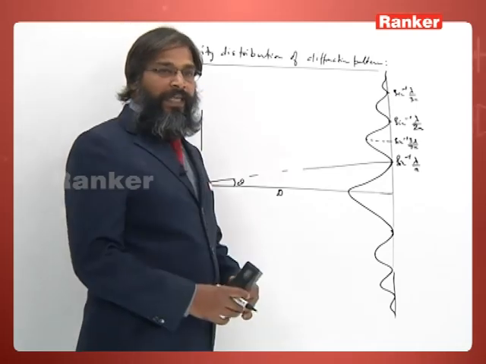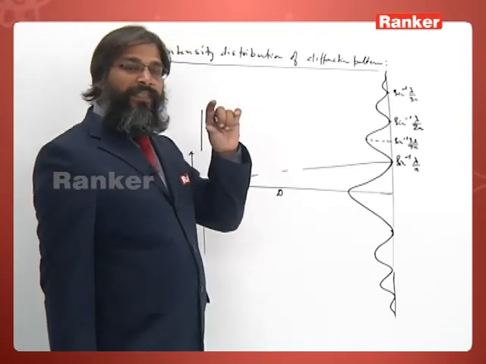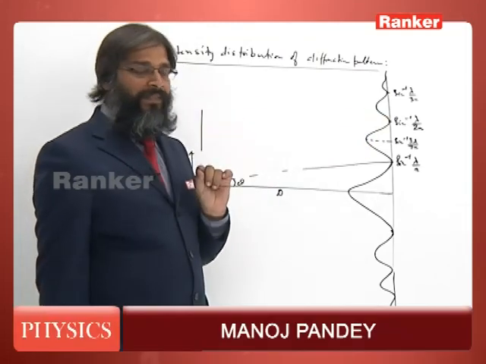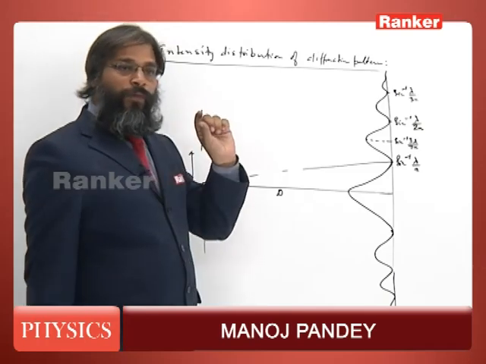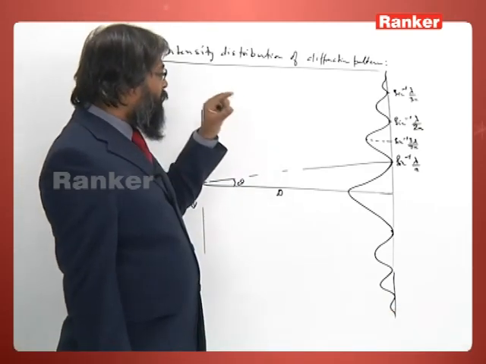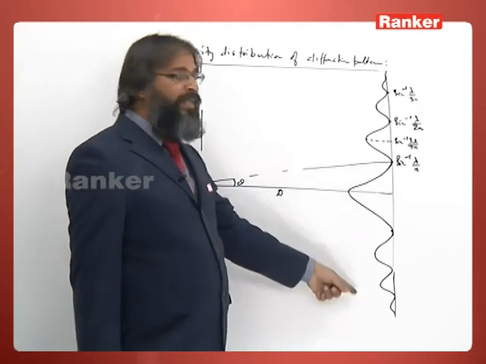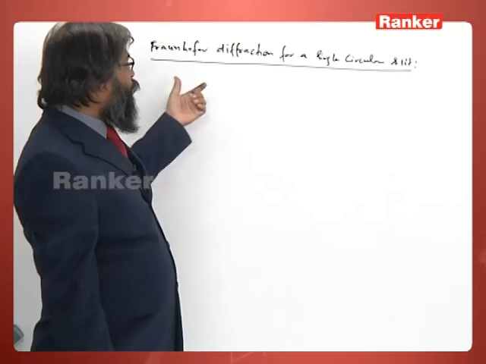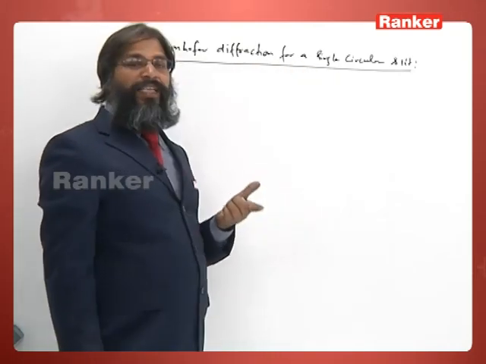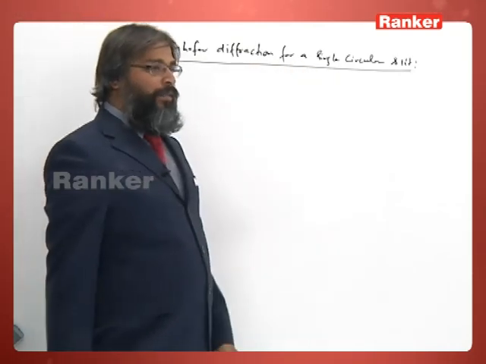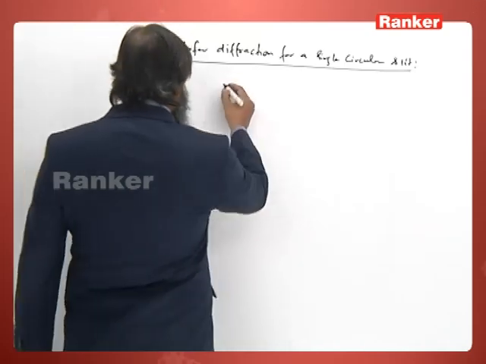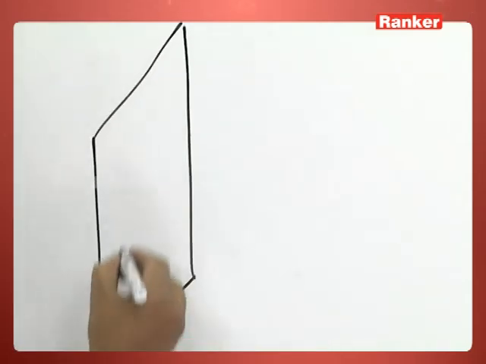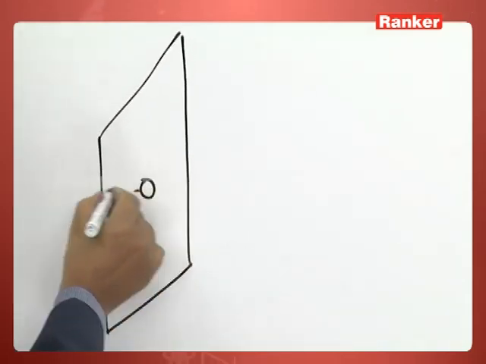Now let us consider that my slit is not rectangular, but a circular opening, in a Fraunhofer experiment. How will the intensity distribution be? So now let us study the Fraunhofer diffraction for a single circular slit. Suppose this is my diffracting element with a small opening.